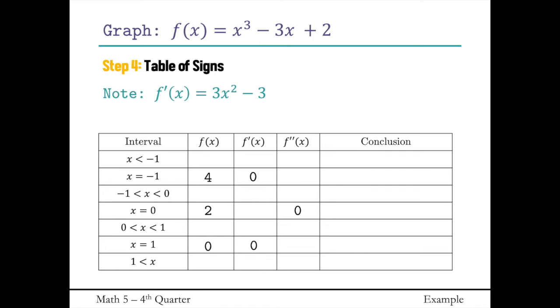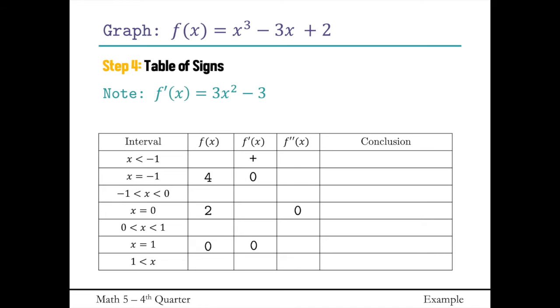Note that the first derivative is equal to 3x squared minus 3. For the interval x less than negative 1, just take any number less than negative 1 that would represent this subinterval, say negative 2. Substitute negative 2 in f prime of x, and you would see that this gives us a positive number.